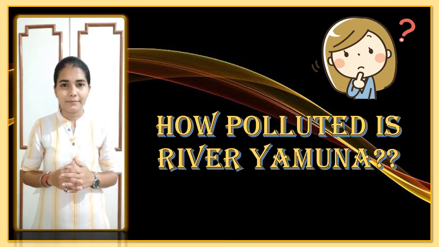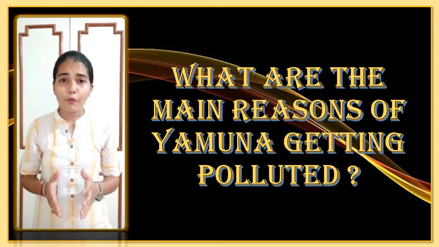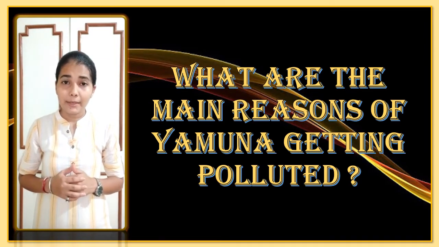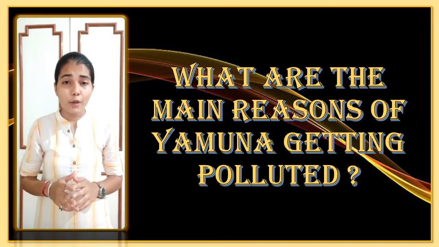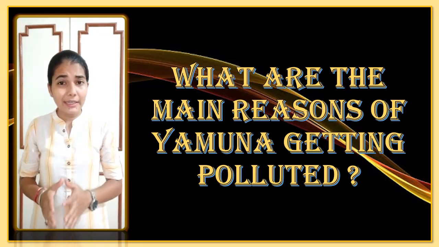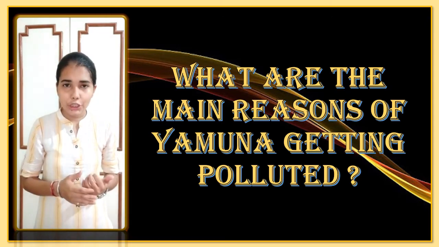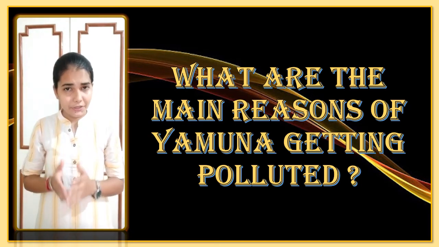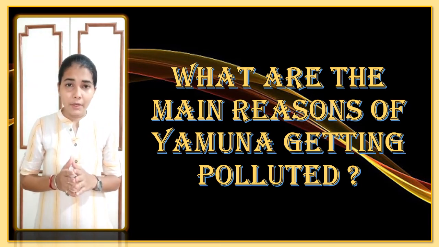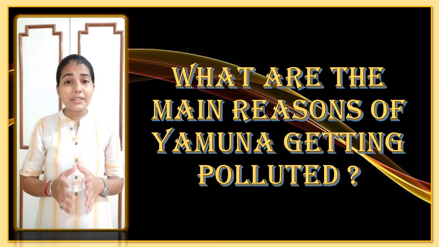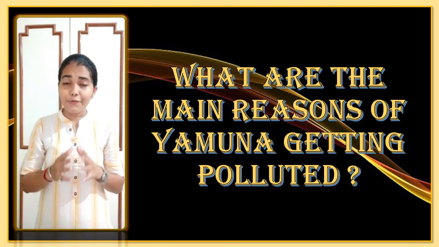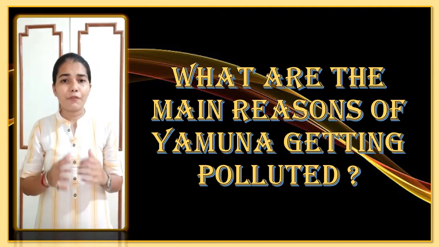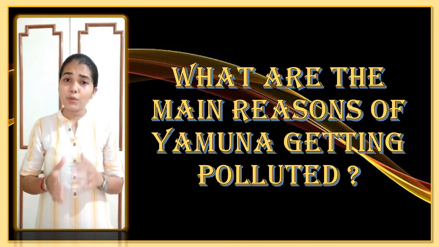There are many reasons for pollution in river Yamuna, but the main two reasons are urbanization and industrialization. Urbanization and industrialization has killed Yamuna. New Delhi, which generates 1900 million liters of sewage per day, dumps 58% of its waste into the river Yamuna.